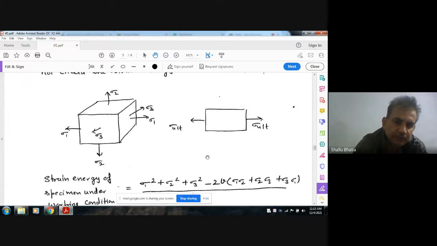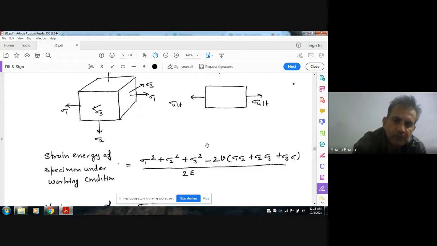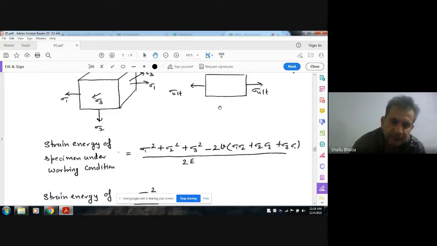The strain energy of the working specimen we have treated in the strain energy article. If we put sigma 1 equal to sigma ultimate and sigma 2 and sigma 3 equal to 0, you can find out the strain energy of the test specimen also.